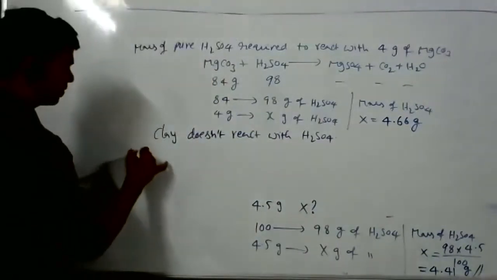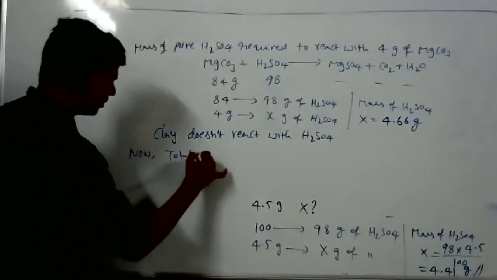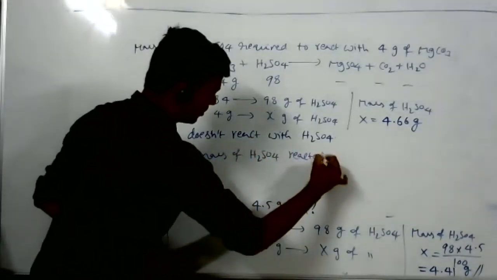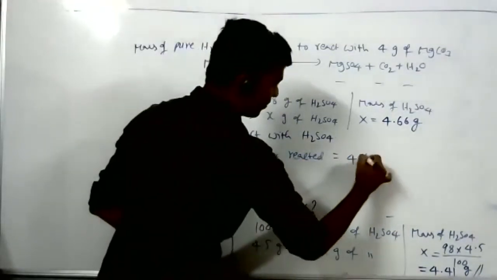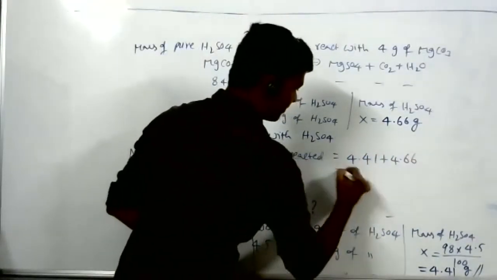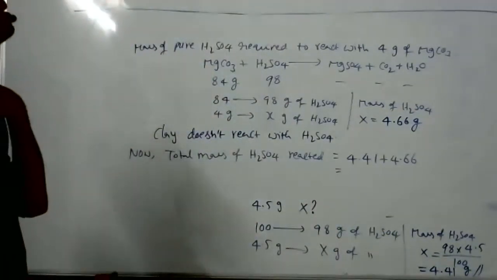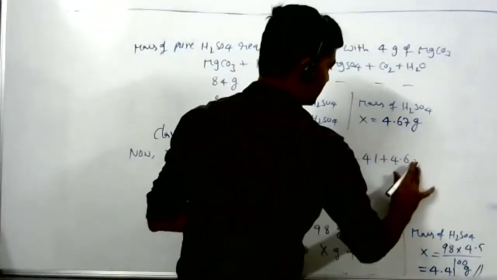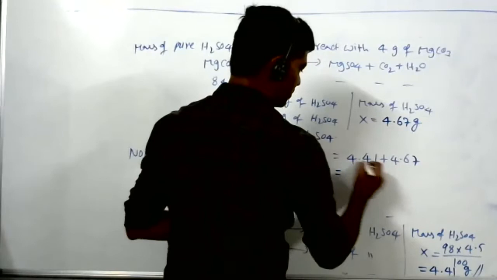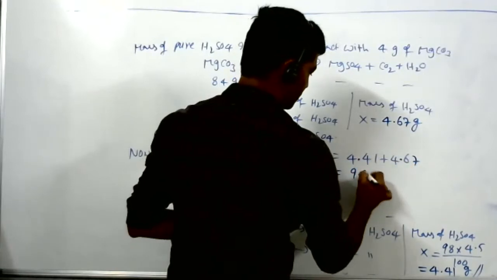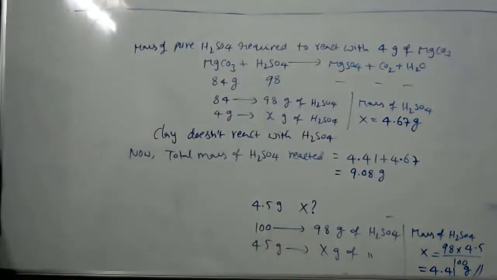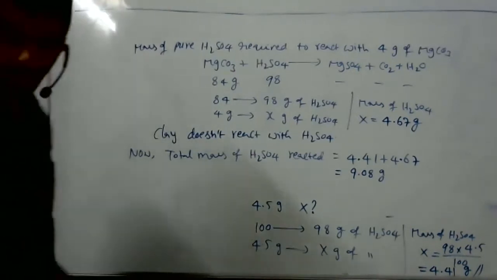Now the total mass of H2SO4 reacted is 4.41 plus 4.66. How much? 9.08 grams. This 9.08 grams is pure H2SO4, but the acid has only 30% purity, not 100%.